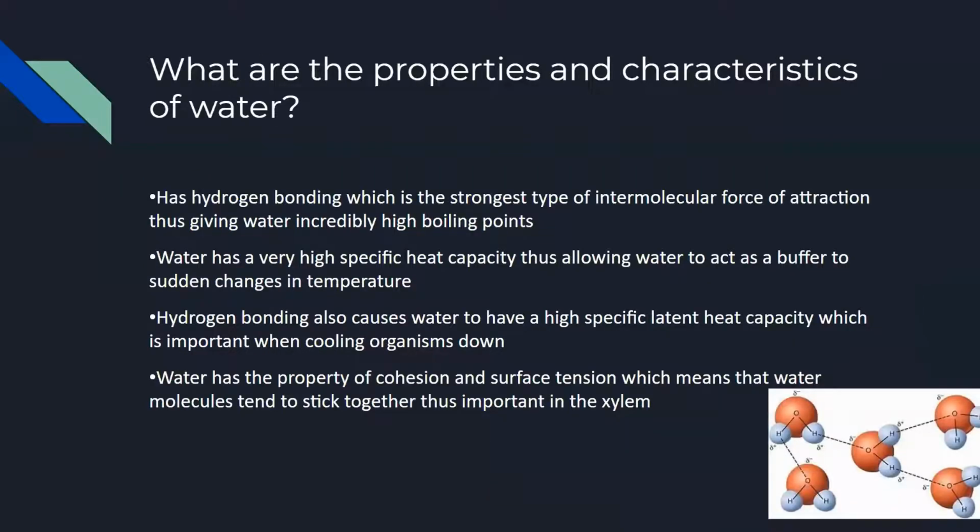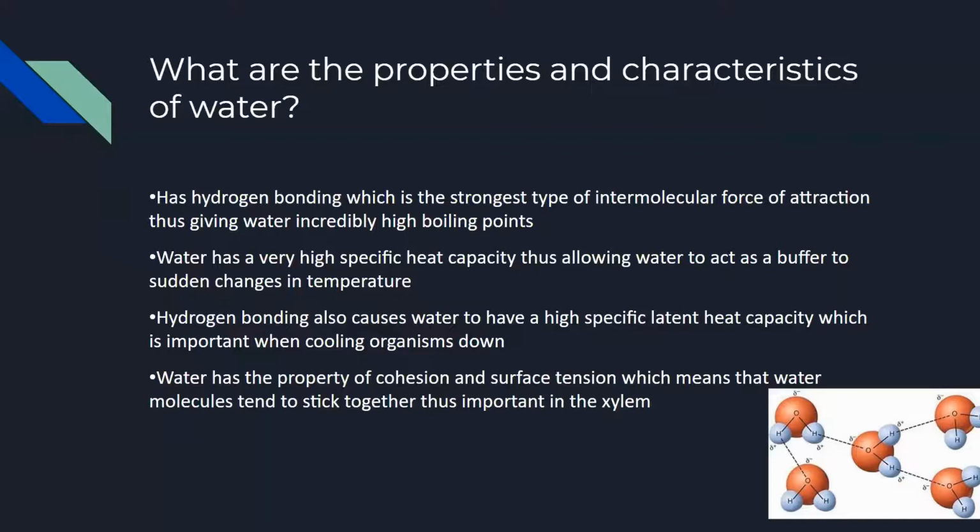So onto water now. So what are the main properties and characteristics of water? Water has hydrogen bonding, which is the strongest type of intermolecular force of attraction, thus giving water incredibly high boiling points. This is important because it means that water is often a liquid at room temperature, therefore providing a great environment for a marine ecosystem.